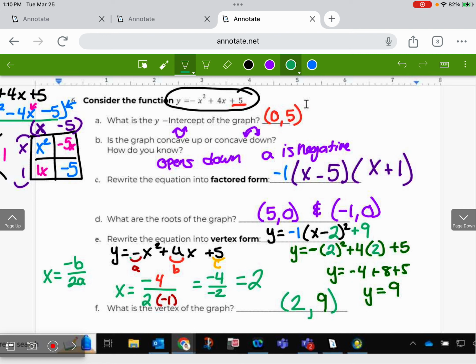And I know it's super crowded, but I have a chunky pen. Okay. Good questions, good questions. And what else do you want to look at? Number 4. There we go.